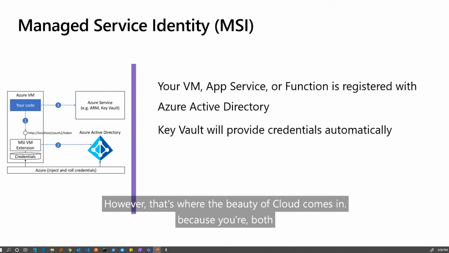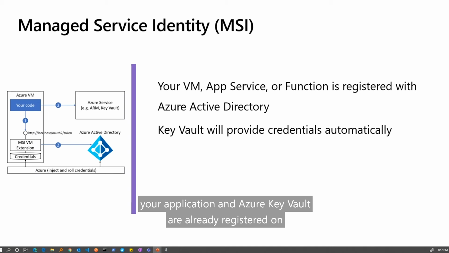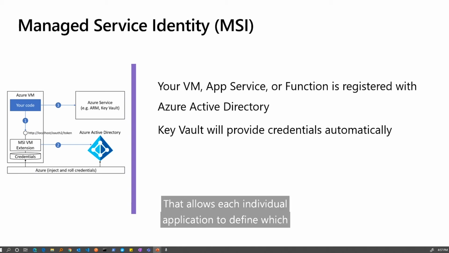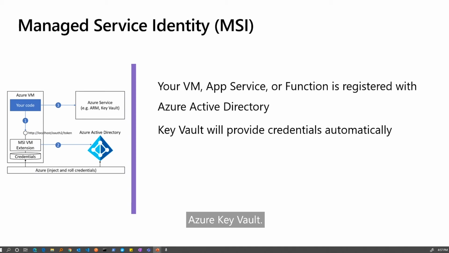However, that's where the beauty of cloud comes in, because both your application and Azure Key Vault are already registered on Azure. So like I mentioned, you can define different policies that allow you to define which application is allowed to access which sets of app secrets. So for example, I can define that only my Tailwind Trader web app can access the SQL connection string inside Azure Key Vault.